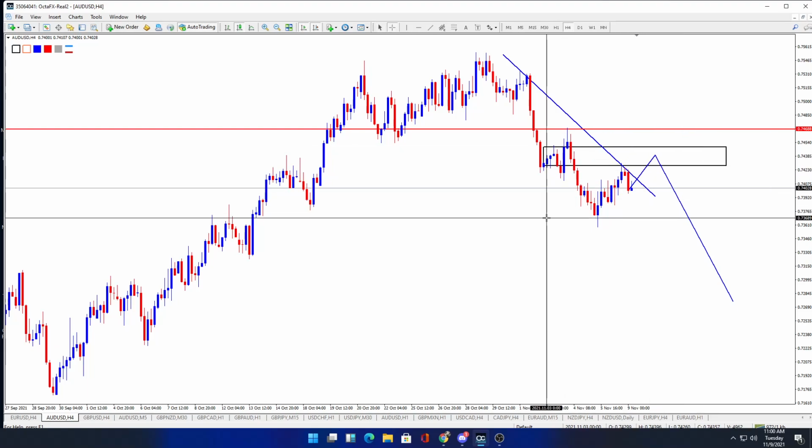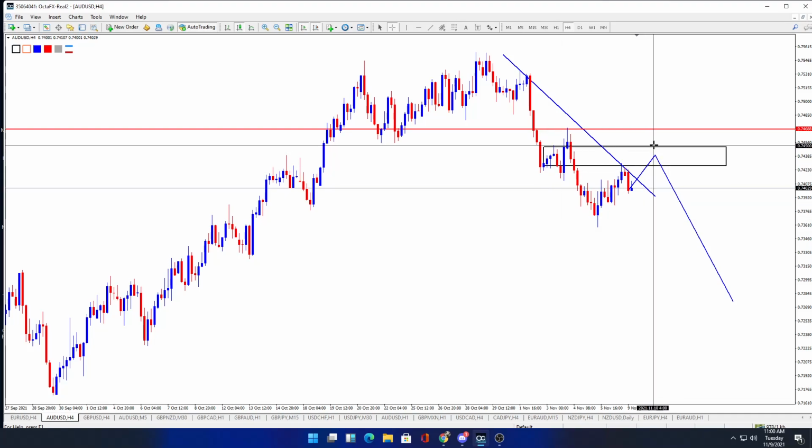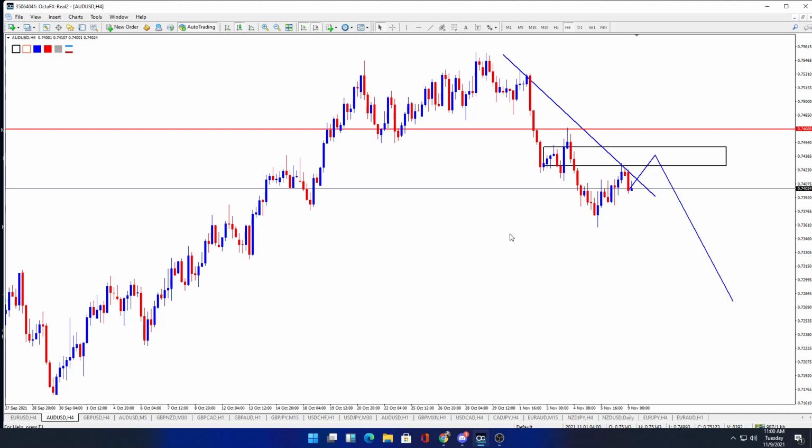So I think the better way is you always have a 1:2 ratio. 1:2 means your risk is 20 pips, your profit you take at least the minimum is 40 pips from the level that you entered. Always have a 1:2 ratio.